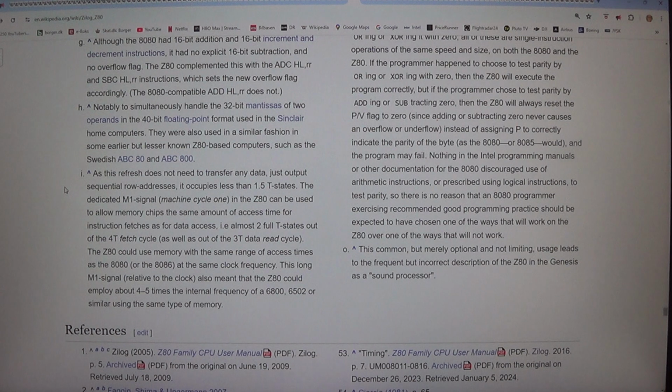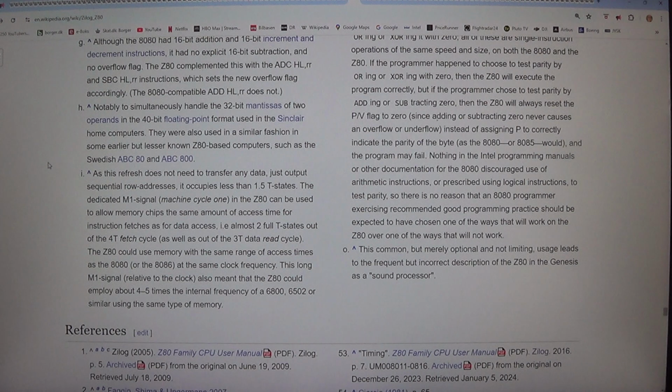The dedicated M1 signal, machine cycle 1, in the Z80 can be used to allow memory chips the same amount of access time for instruction fetches as for data access, i.e. almost 2 full T states out of the 4 T fetch cycle, as well as out of the 3 T data read cycle.